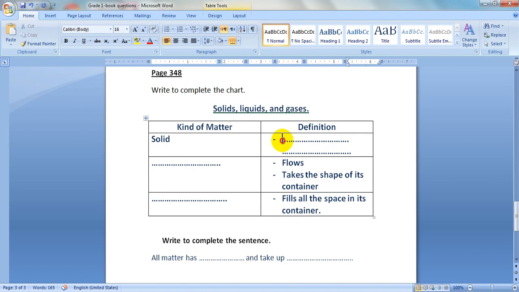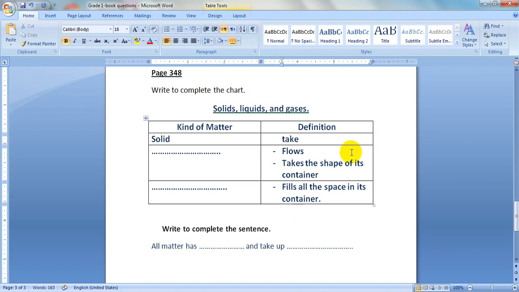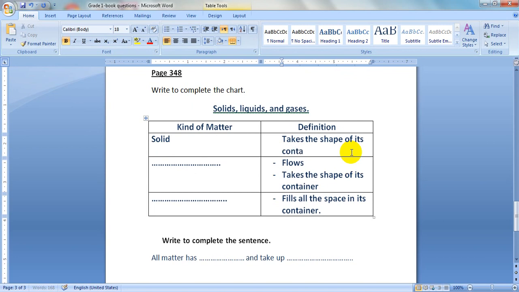A solid takes the shape of its container. So, the definition of a solid, it takes the shape of its container.